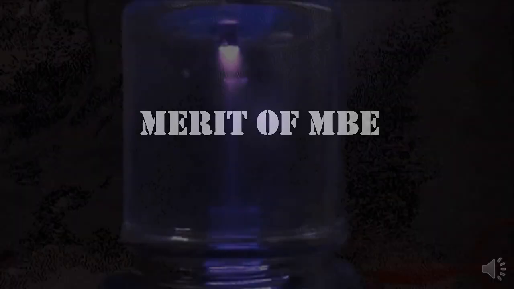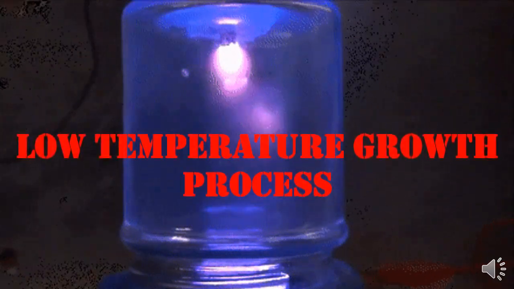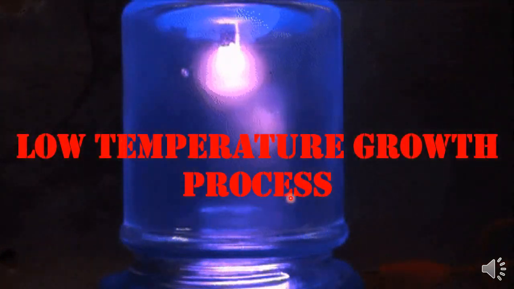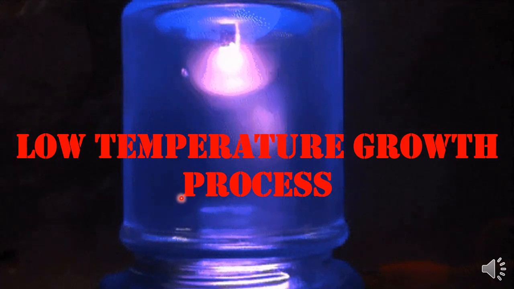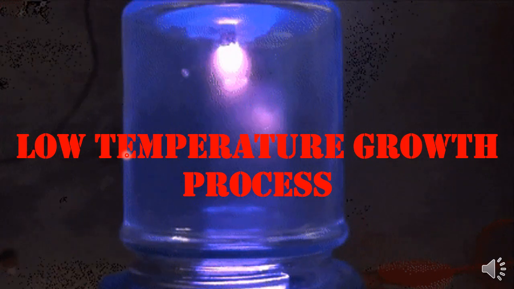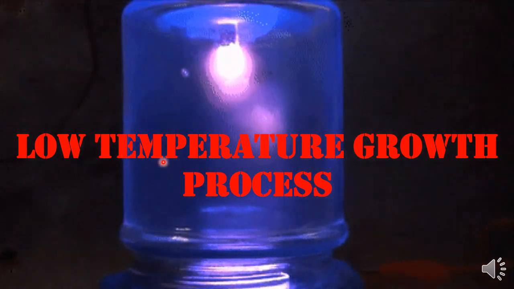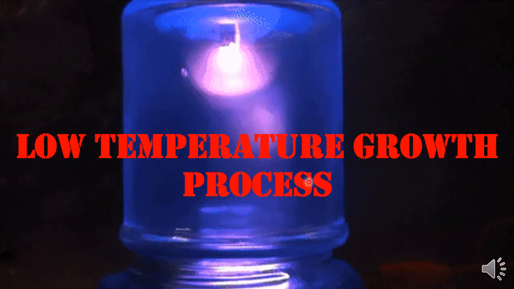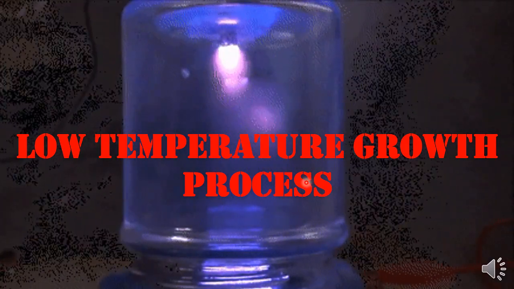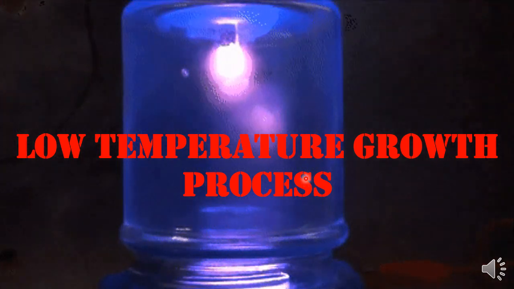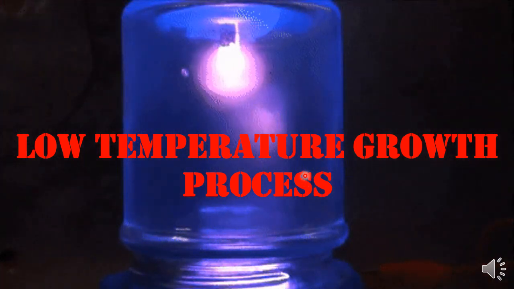The first merit of molecular beam epitaxy is that it is a low temperature growth process. In this process, the deposited film is grown and converted into a highly oriented single crystalline thin film in a directional way at very low temperature.